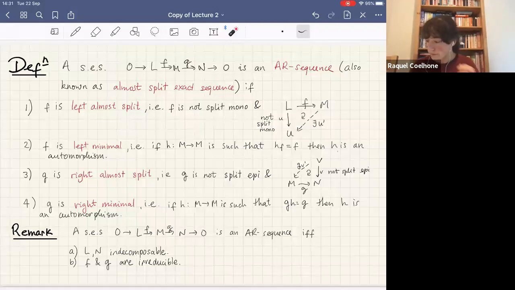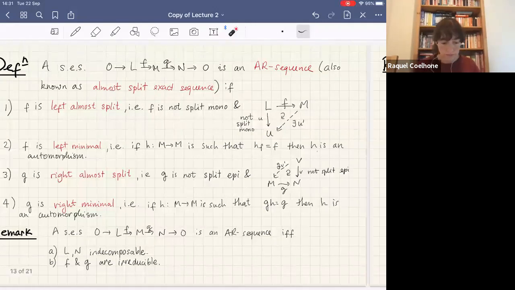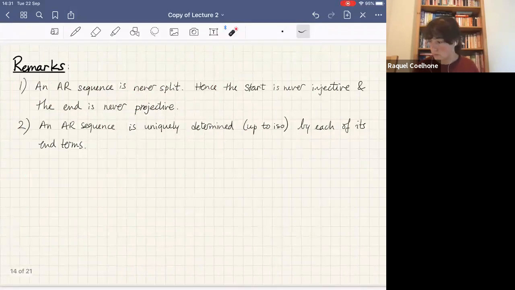Okay. So as I said, an Auslander-Reiten sequence is never split, because the first map cannot be a split mono, and the second map can't be a split epi. So they never split. What does this mean?